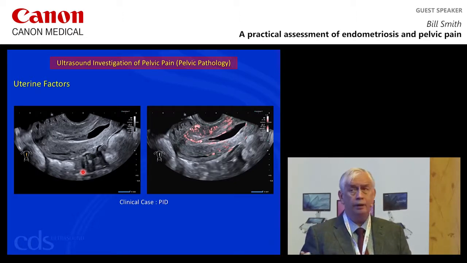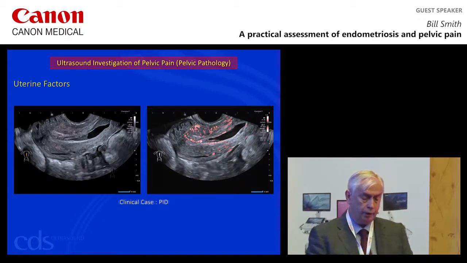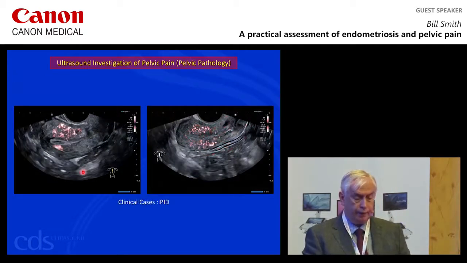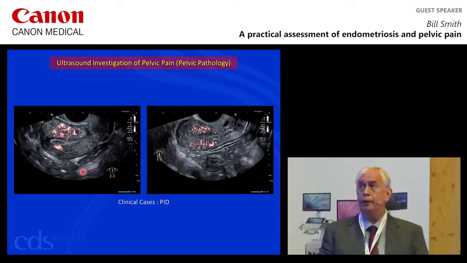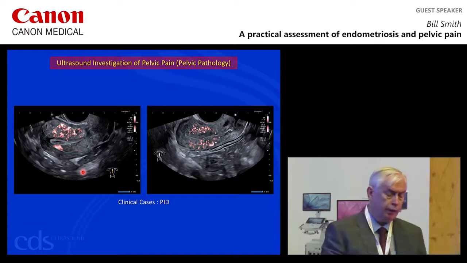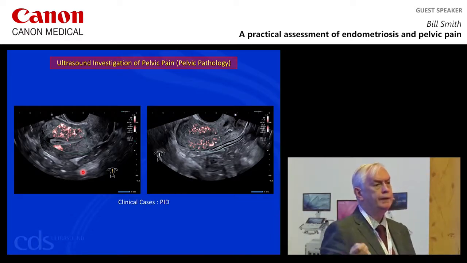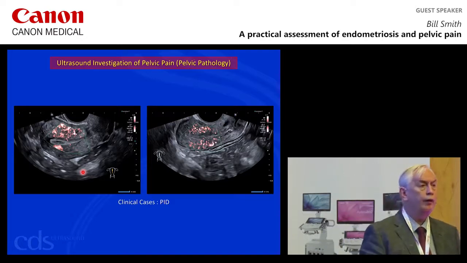Now, again, this is a case of infection. This is a further case of infection, and you can see the hyperemic changes there within the myometrium. But remember that you can get these changes for other reasons.